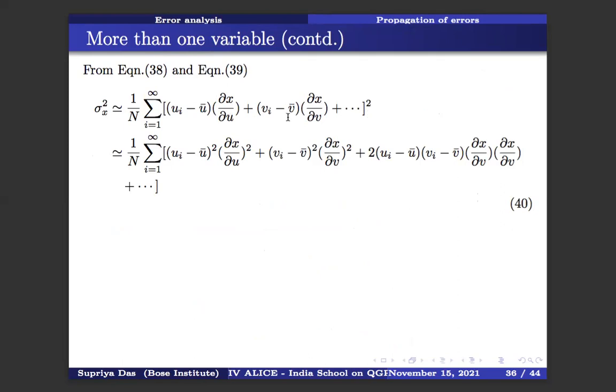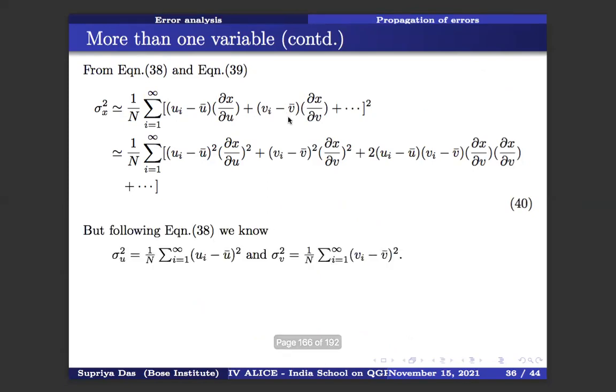We are just considering 2 terms here. But then you can still write, in case of sigma x square, it was x, so you just replace u and v there, and then you get these 2, sigma square u and sigma square v. Once you get them, you just replace these things. So here you see, this is sigma square u, this is sigma square v.